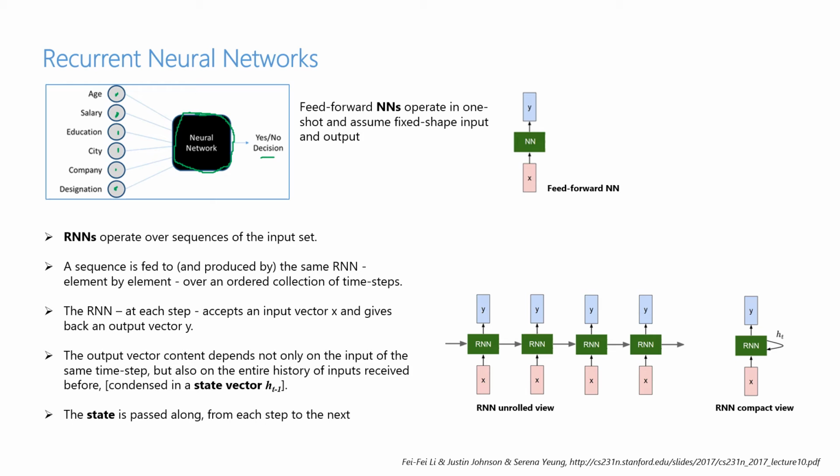0 or 1. So if we look at the picture on the right of a feed-forward network, we can say that we have an input which is made of probably some numbers, and we have the network, and the network is giving us one number or some numbers as output.